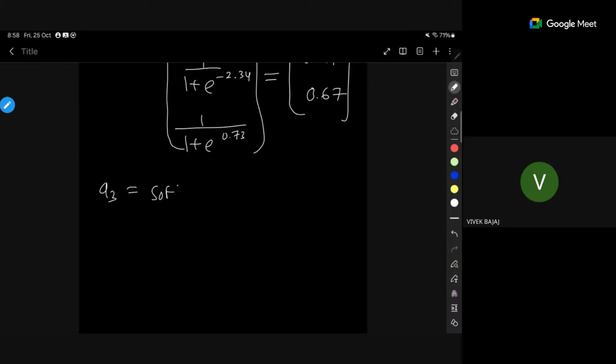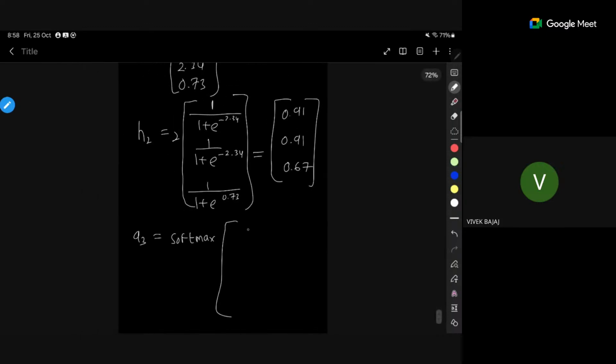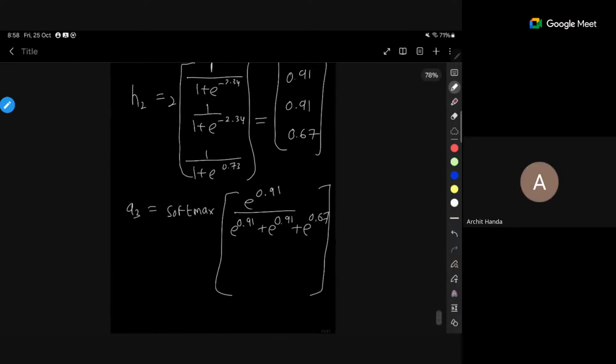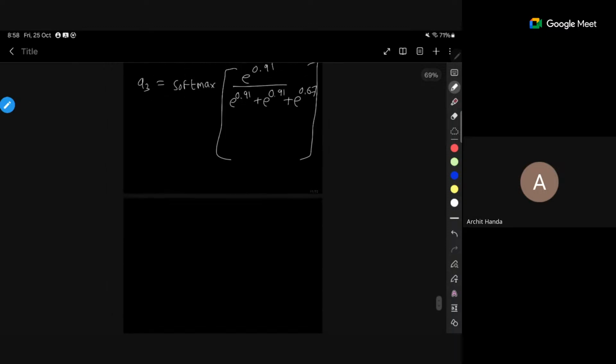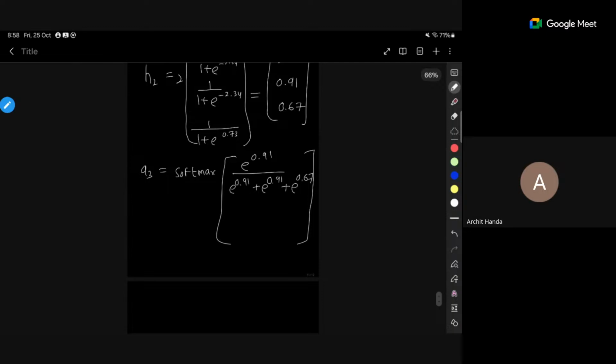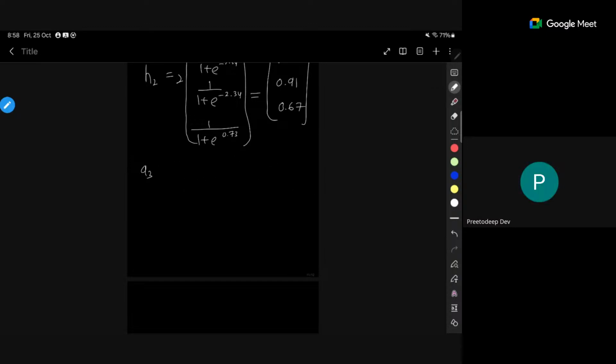So I'll apply softmax over that, which is not like this, but e power 0.91 divided by the sum of e power 0.91 plus 0.67, something like this. And it will be with W3 into H2. Softmax will be applied to H3, right? So first I need to write this W3, then H2.